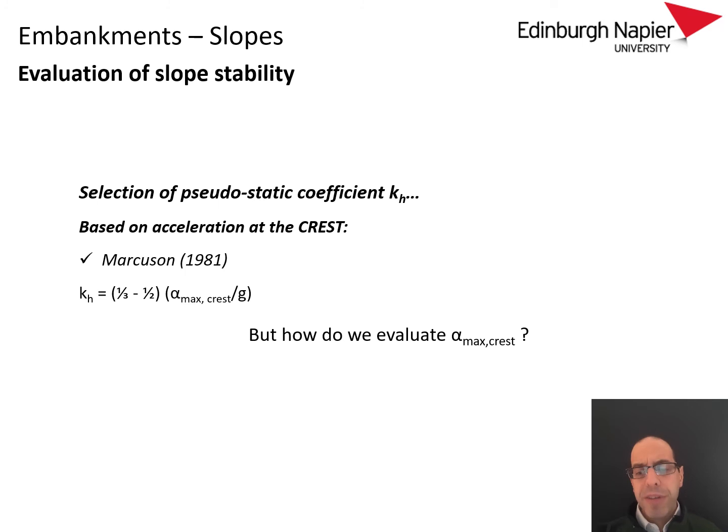An alternative approach that I want to mention, so you are aware of at least one case in which you can use the crest accelerations, is the approach of Makdisi, which has kh being equal to a fraction of that maximum crest acceleration. But of course the question is the same. How do we evaluate that maximum crest acceleration or critical value to put into our calculations?